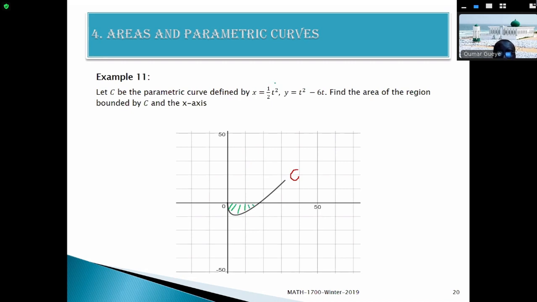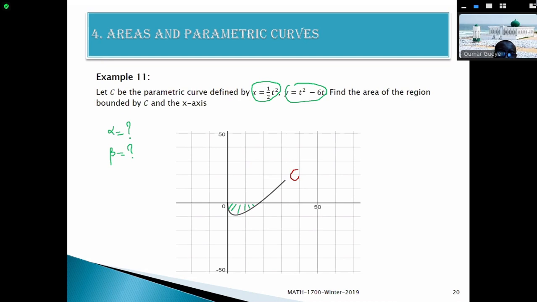And here is the function f, and this is the function g. But we don't know alpha and beta. The value of alpha is not given. Same for beta.